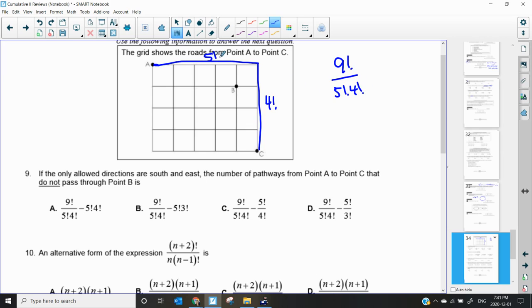So we're treating the 5 and the 4 factorial like repeating values because we're hitting those directions more than once. Remember, if we're ever asked to find out the number of ways that something cannot pass through, it's often easier to figure out how many ways it can pass through and then subtract from the total value.